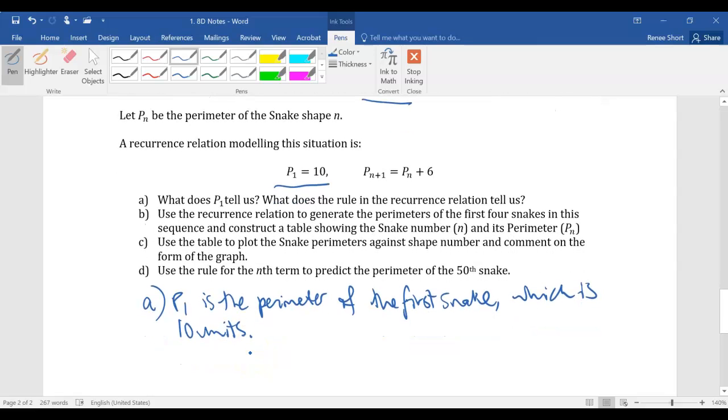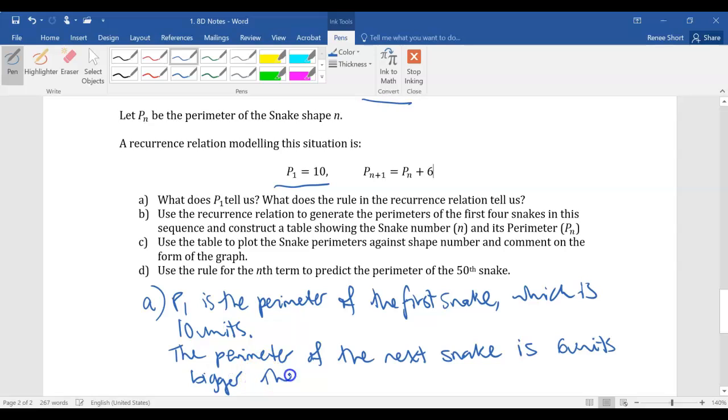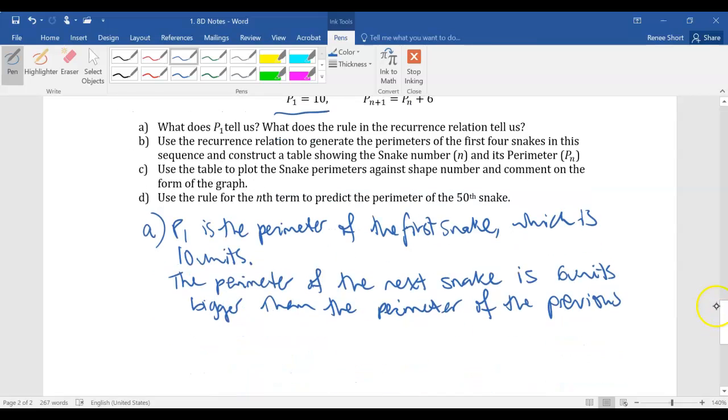And the recurrence relation rule tells us that the perimeter of the next snake is 6 units bigger than the perimeter of the previous snake. You could also write that as adding 6 to the perimeter of the previous snake gives you the perimeter of the next snake. It's your choice how you write that.